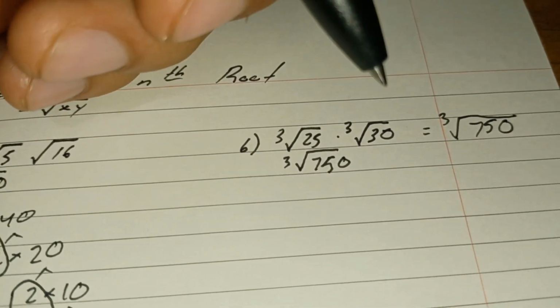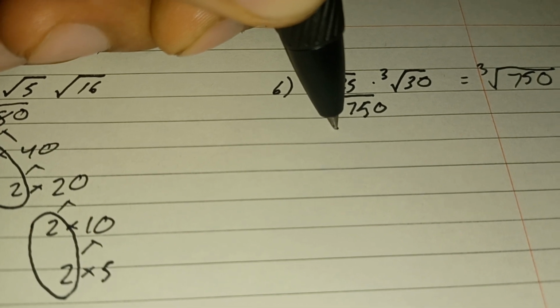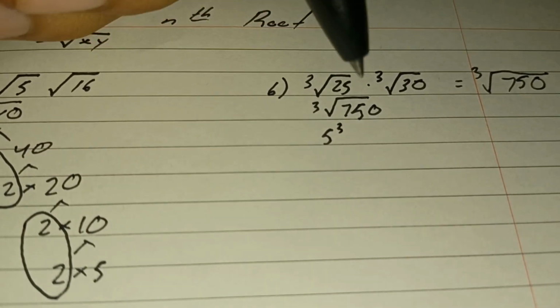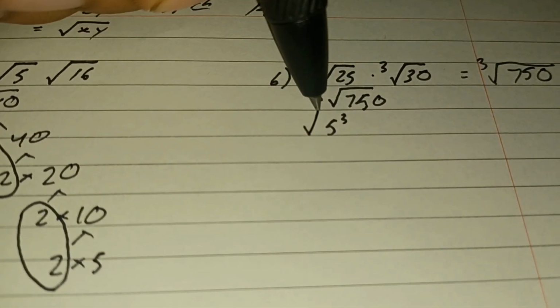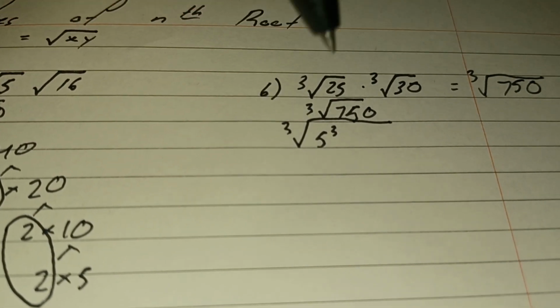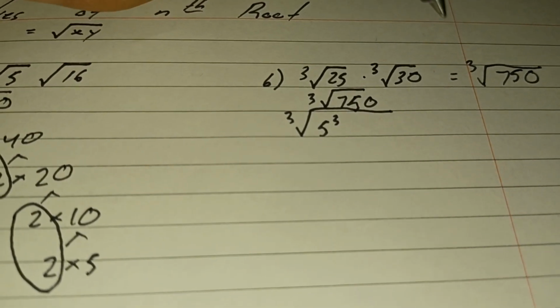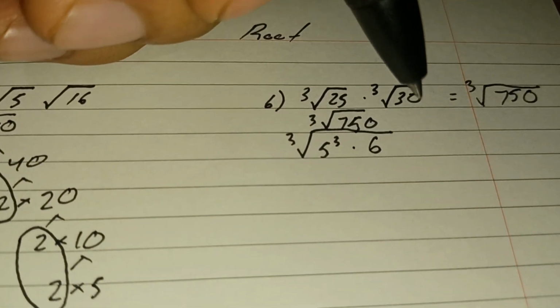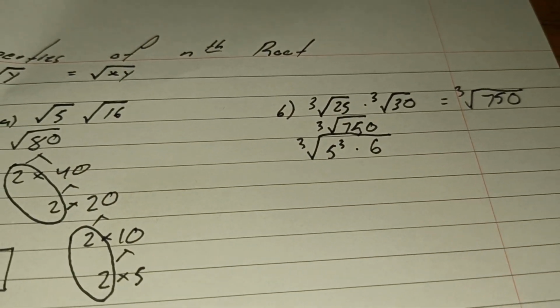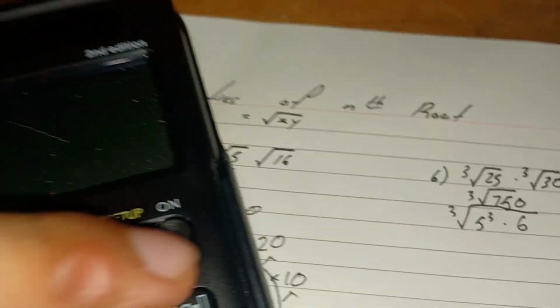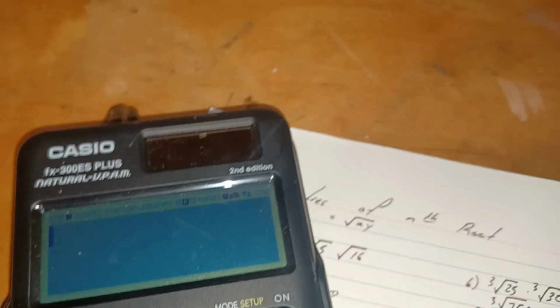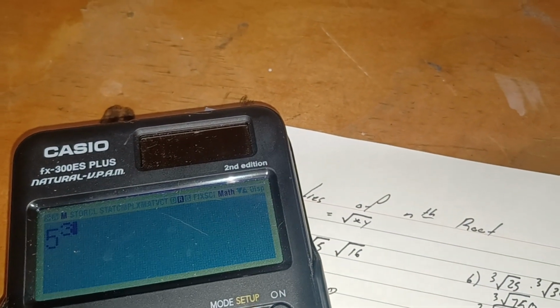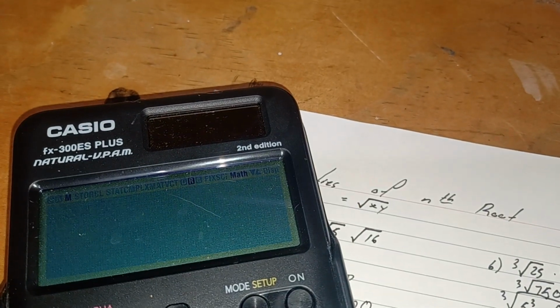But we can rewrite this as the cube root of 5 raised to the third power times 6, right? And we can plug it into our calculators. 5 raised to the third power times 6.